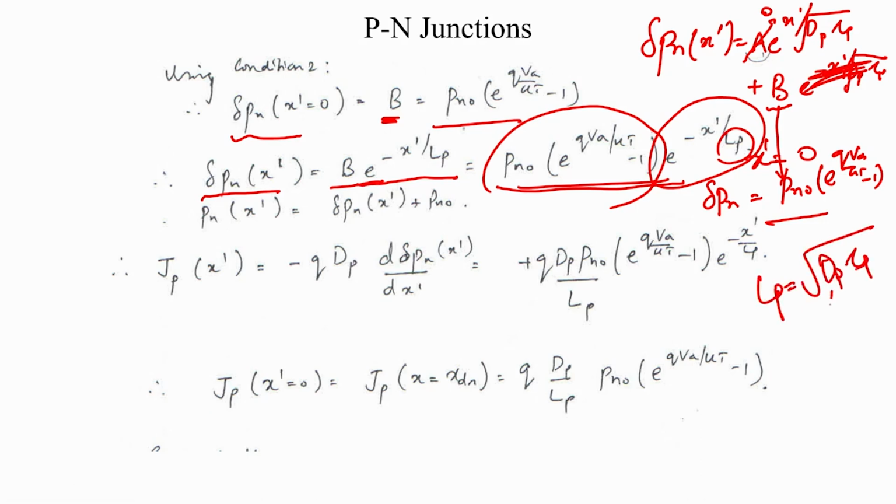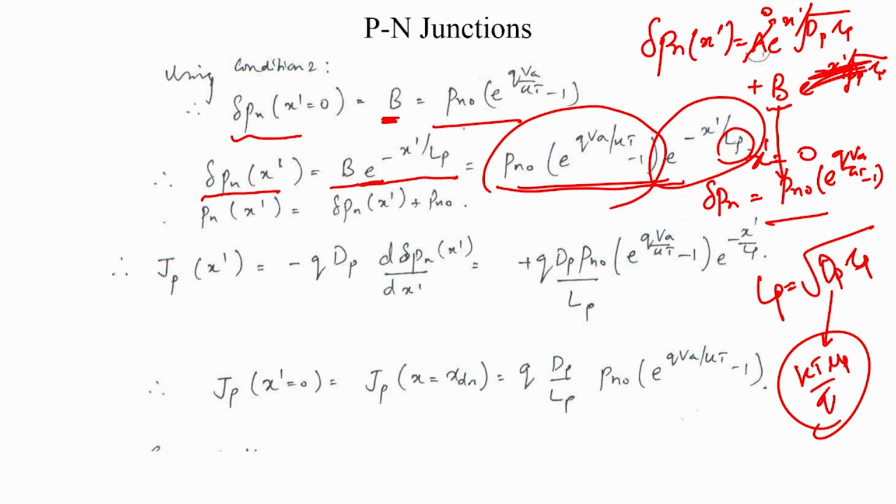And what is Dp? Dp is approximately kT mu by q from your Einstein's relation. But of course, do remember that we are not at equilibrium, we are just off equilibrium. So, you are fine with using these estimates.